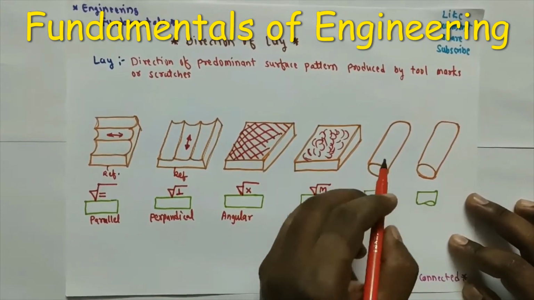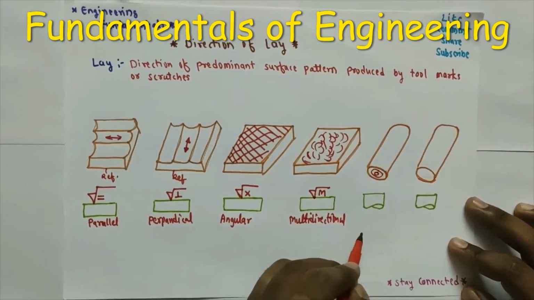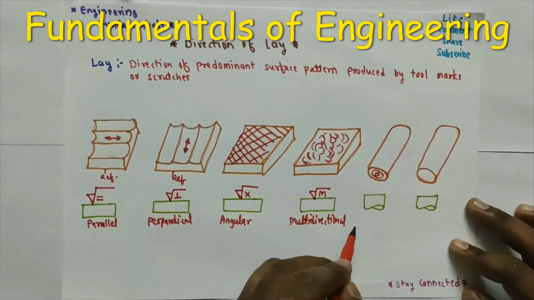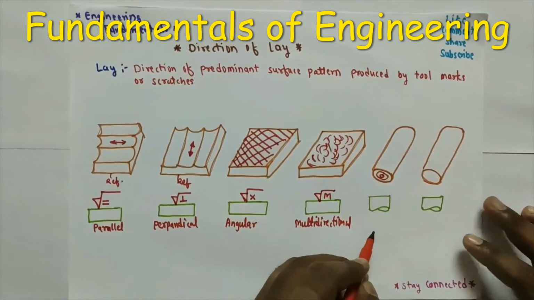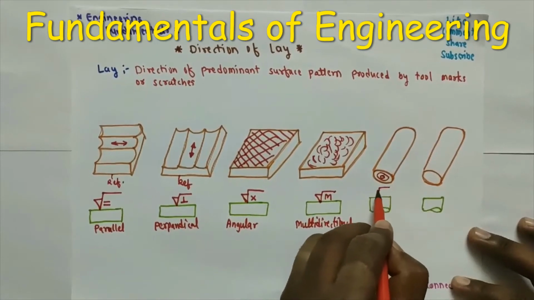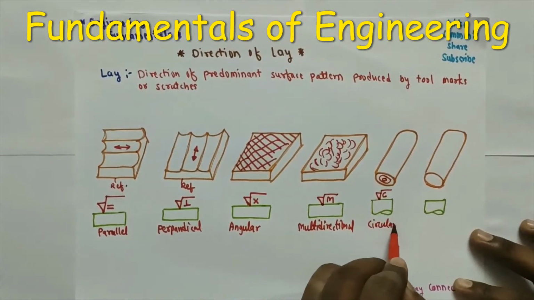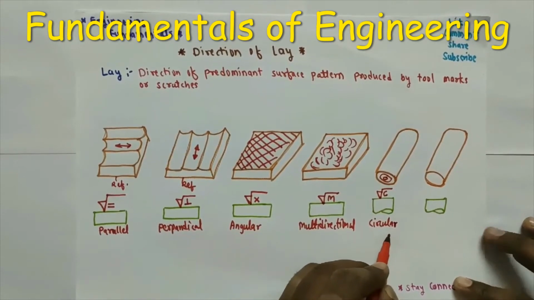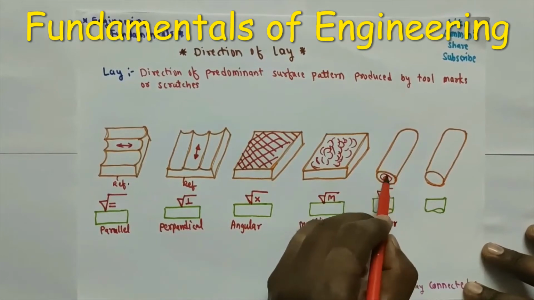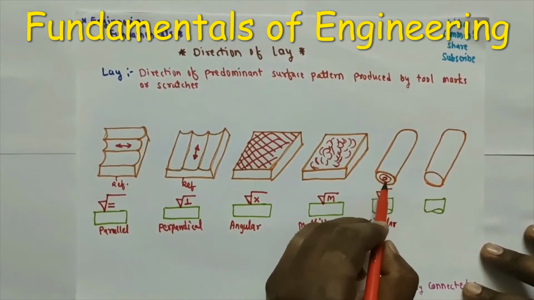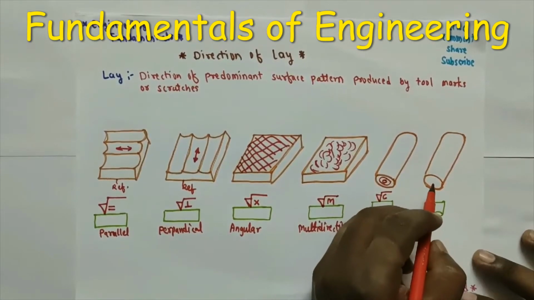Then next is the circular pattern, that is circular relative to the center of the surface to which the symbol is applied. So we note it down as circular. We get this when we do facing on a lathe. For that workpiece we can see the circular pattern, that is a lay as circular. Then next is radial.